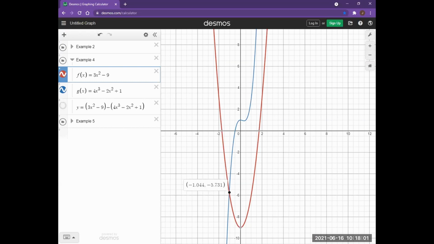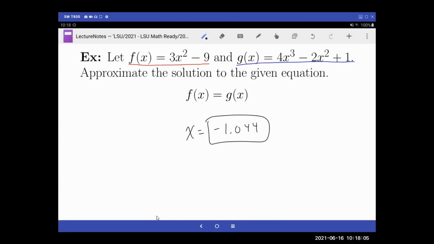All right, another method for this, of course, and we mentioned it before, but I do like to talk about it because it's a lot easier to graph sometimes, is to just consider what happens when you subtract things that are equal to each other, right? If I subtracted f of x minus g of x, it would equal 0 if they were equal to each other, right?